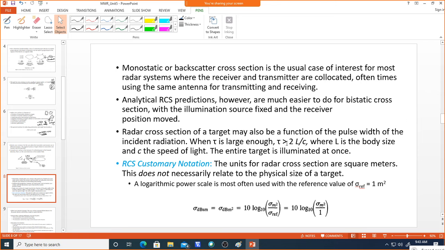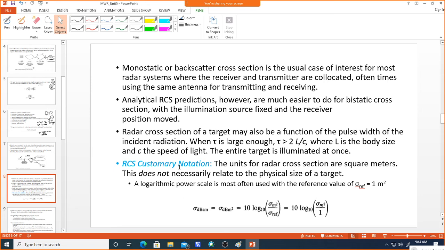The pulse duration being very large means the wavelength of the wave is very large, so it completely illuminates the target. If the frequency keeps increasing, lambda keeps decreasing, which divides the complete target into individual scatterers, and the scattered energy will be collected.